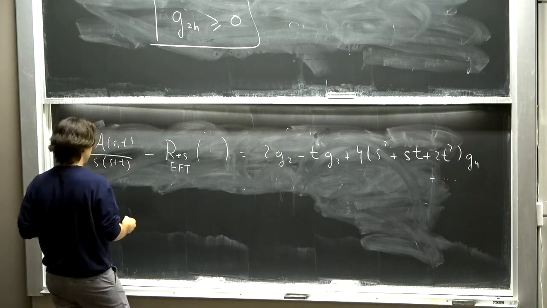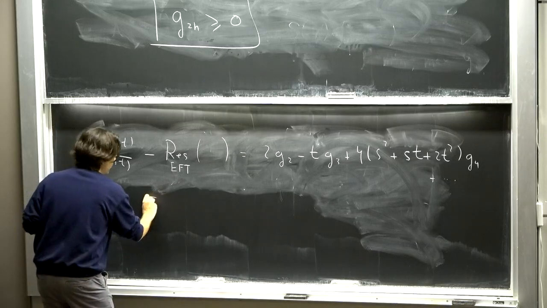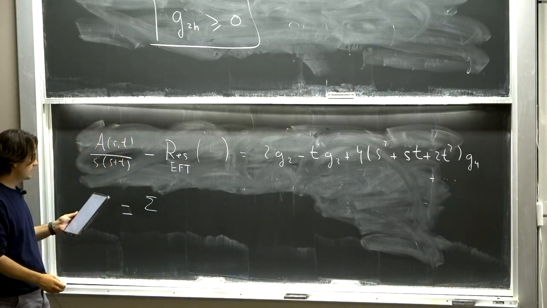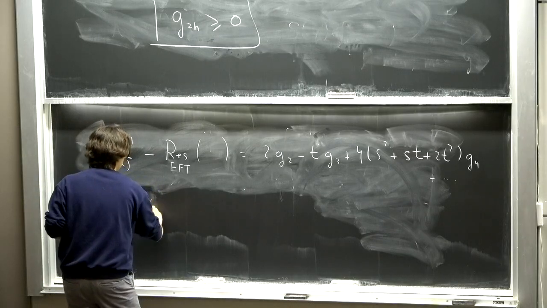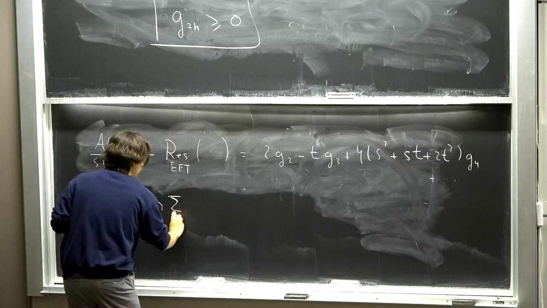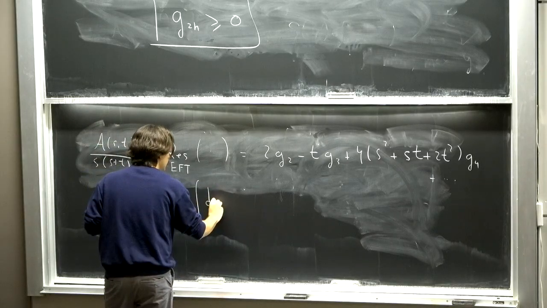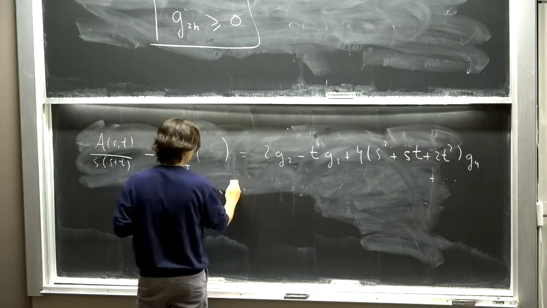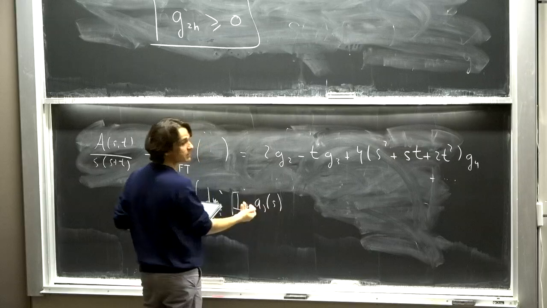Okay, and the statement is that this thing will be reproduced, the imaginary part of the amplitude, which in general I will have to write in terms of partial waves, right? So there will be something like 16 pi, sum over j, some integral of the imaginary part of these a_j's, which we know it's positive, right?